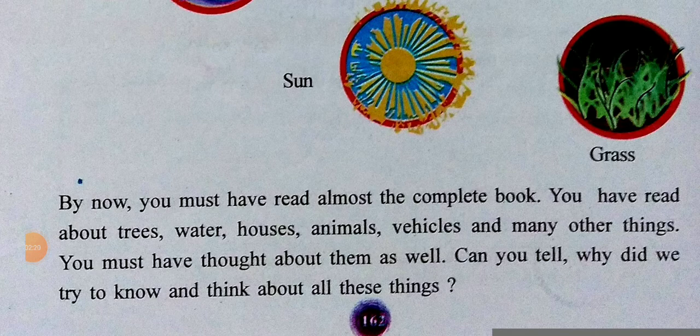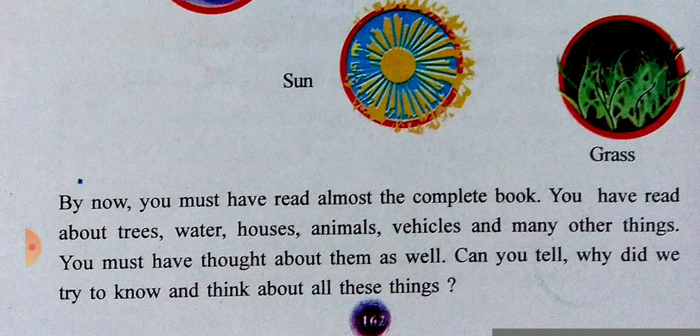All these things are useful to us in one way or another. For example, plants or trees, sun, water, animals, houses, vehicles and many other things. So we have tried to know and think about all these things because we depend on everything.